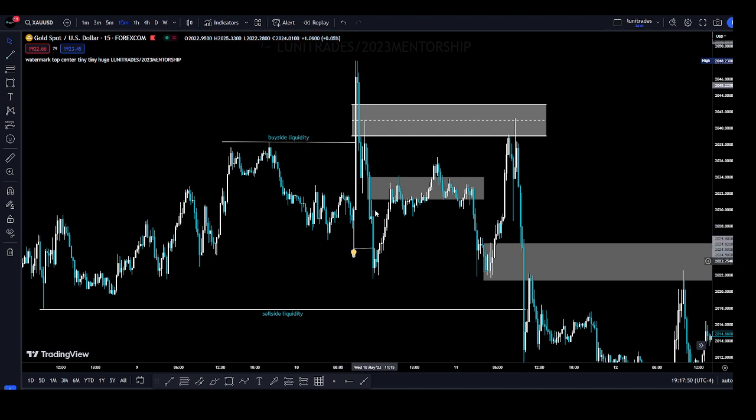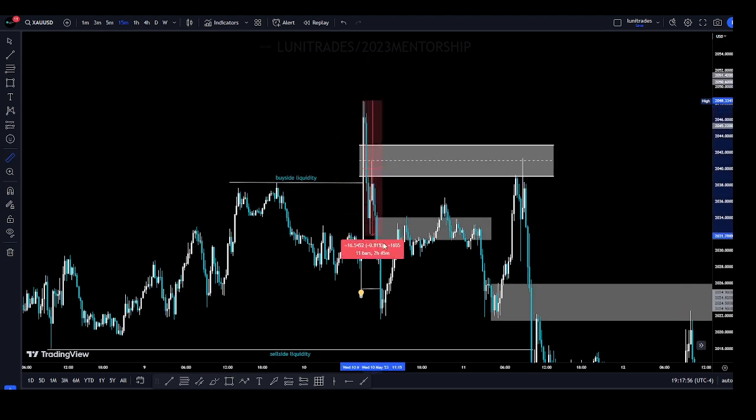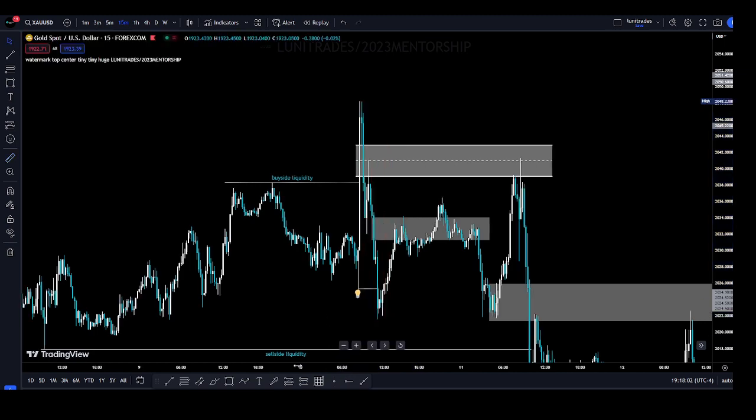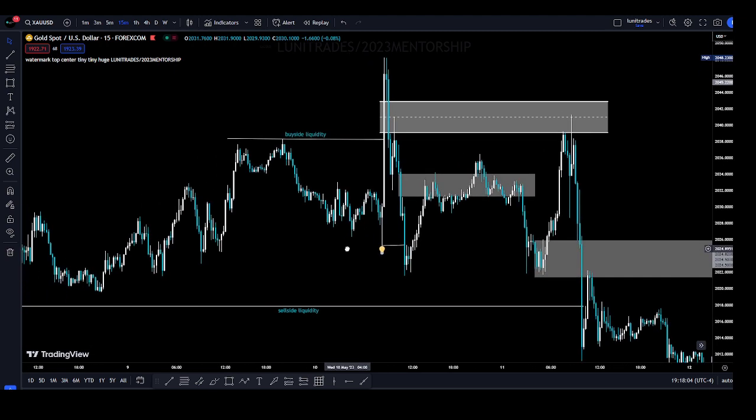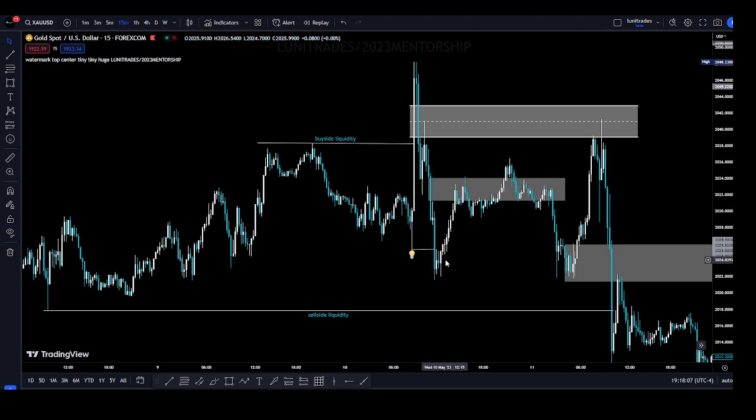Now, then the displacement. You want to see displacement. Now, this is a nice displacement from here to here, right? This is a displacement too. So after that, what do you want to see? Return. Now you want to return to what? Let's take one first, the fair value gap.